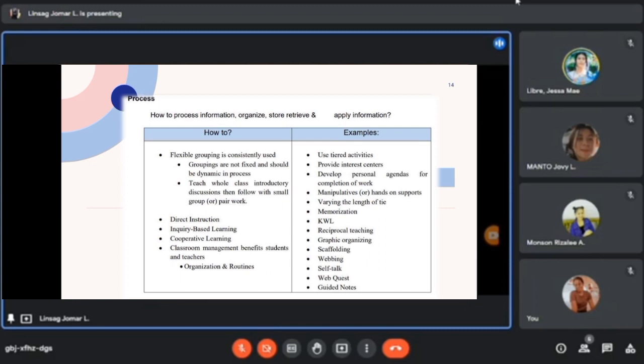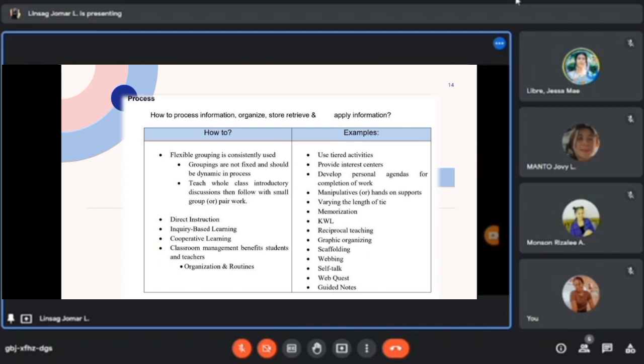Groupings are not fixed and should be dynamic in process. Teach whole class introductory discussions, then follow with small group or pair work. Direct instruction, inquiry-based learning, cooperative learning, classroom management benefit students and teachers, organization, and routines.